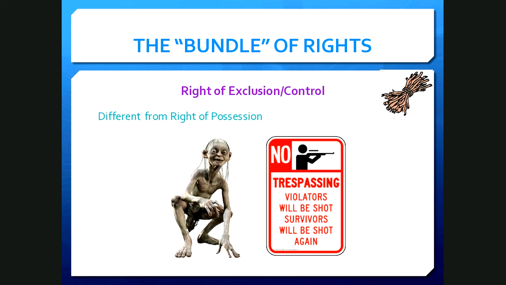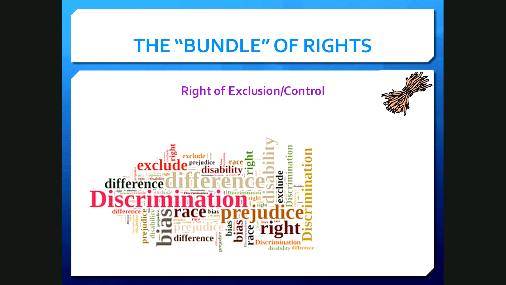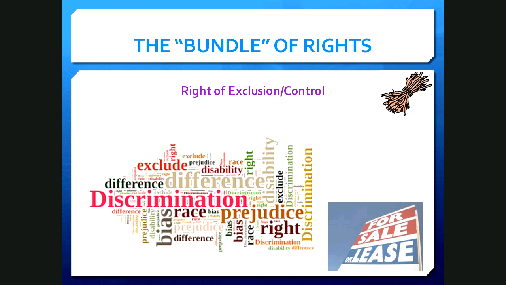The right of exclusion and control is a little bit different. What we're talking about here is basically discrimination. You can discriminate on the use of your property, who gets to use it and how it's used and things like that. So think about this more along the lines of selling and renting property.